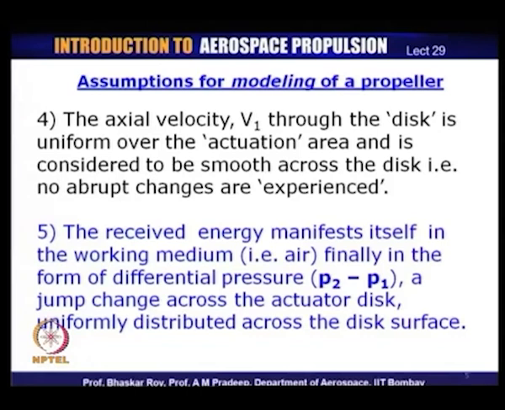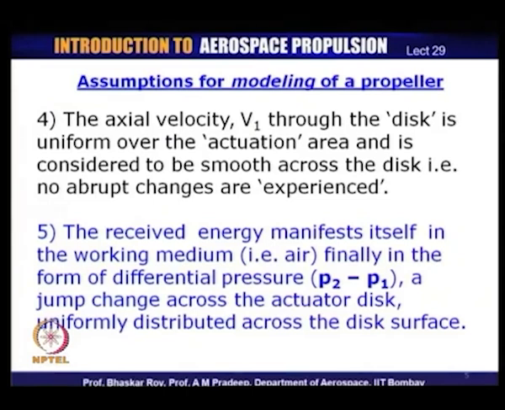The actual velocity which the air acquires as it approaches or comes near the disc is uniform over the entire actuator disc, and is considered to be smooth across the disc. So, it does not experience any abrupt change or jump change as it passes through the actuator disc. It simply passes through the actuator disc as if it does not exist, and that is why the 100% porosity is manifested.